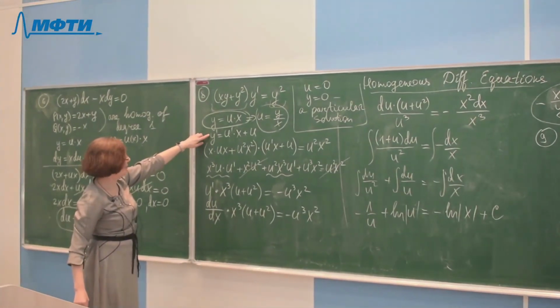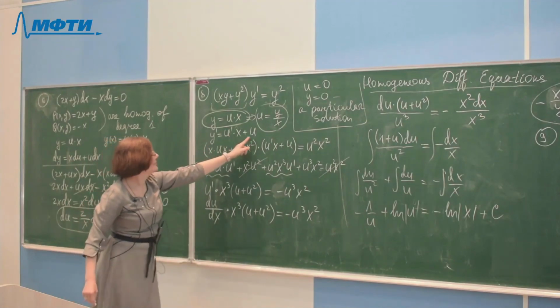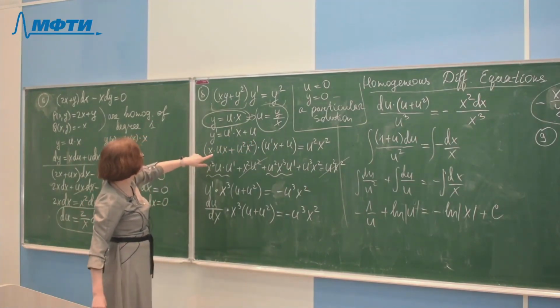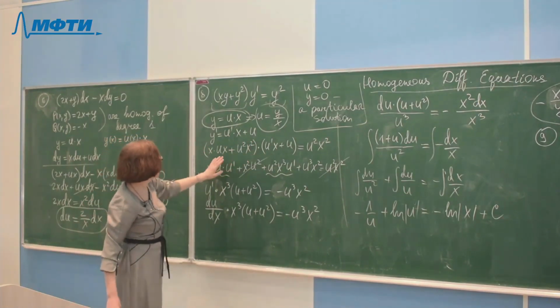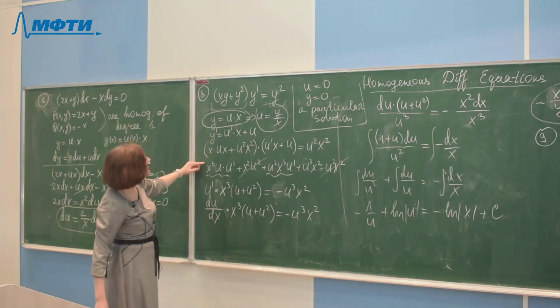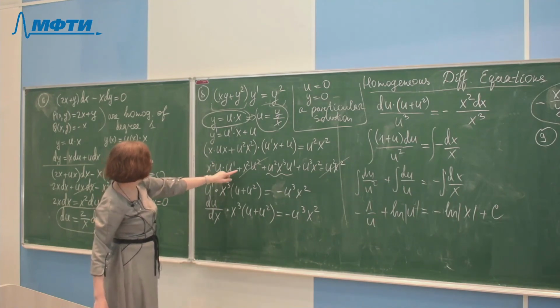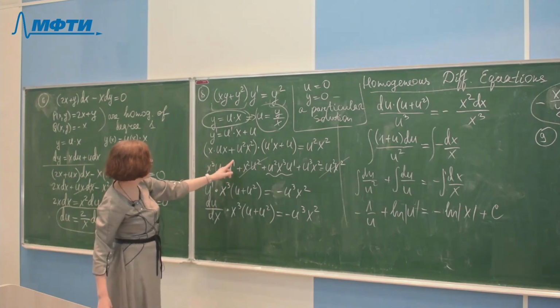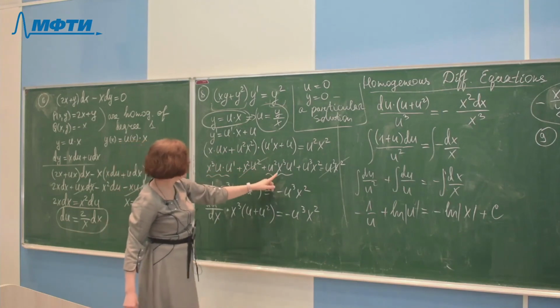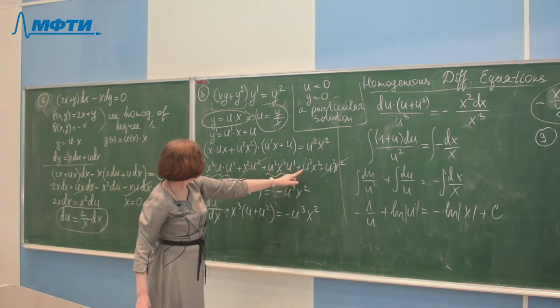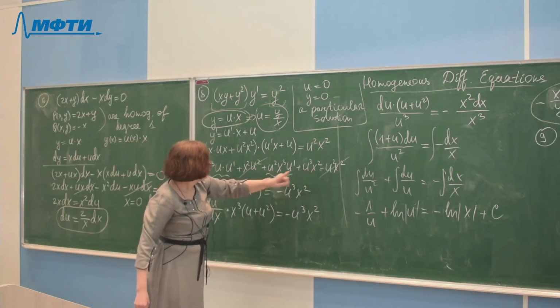Right, so differentiate y in this form. Next, substitute y prime and expand. x cubed u prime plus x squared u squared plus... I think it's this.